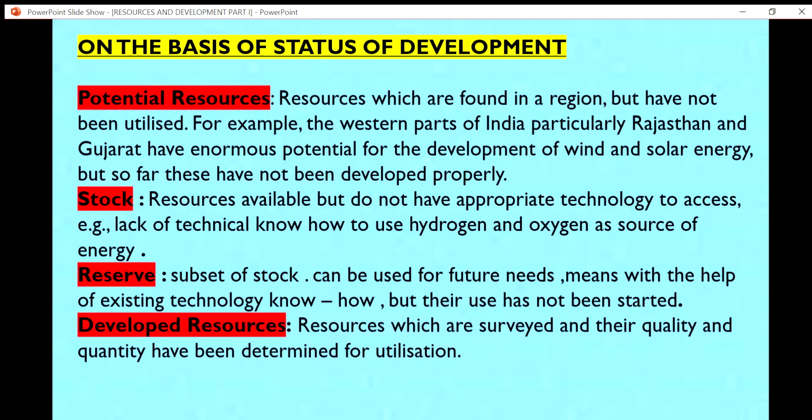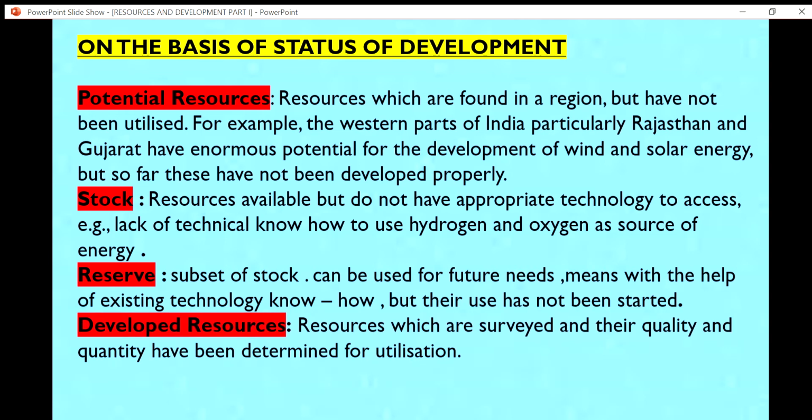So let's talk about potential resources. Resources which are found in a region but have not been utilized. It means we know these resources are found in a particular region, but we are not using them abundantly. Stock: resources available but we do not have appropriate technology to access them, like the lack of technical know-how to use hydrogen and oxygen as a source of energy.